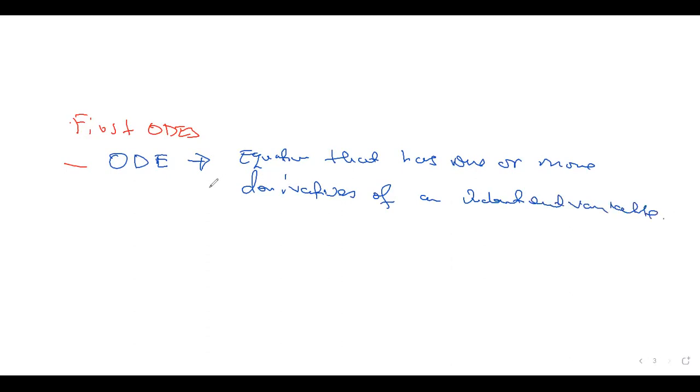Okay. For example, you can say dy/dx may be equal to some function, let me say f(x, y). This is an ordinary differential equation. Okay. So, and it is dependent on x. Okay. So this is an ODE.